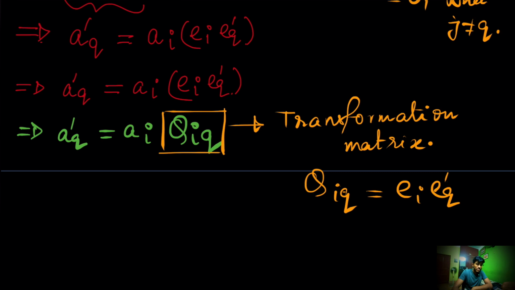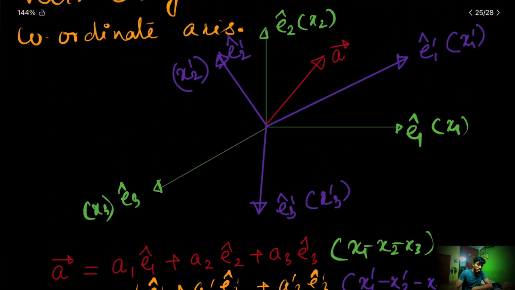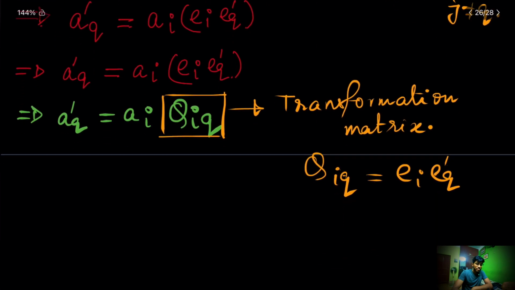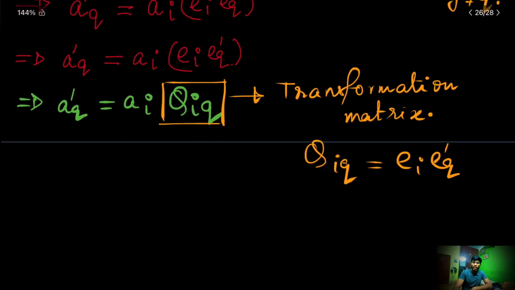I should have written transformation matrix between the normal coordinate system and the dashed coordinate system, and if I go back to this one, between this green coordinate system and the purple coordinate system. So transformation matrix is always defined for two specific coordinate systems. If you change the pair of coordinate systems, then this matrix will also be changed.